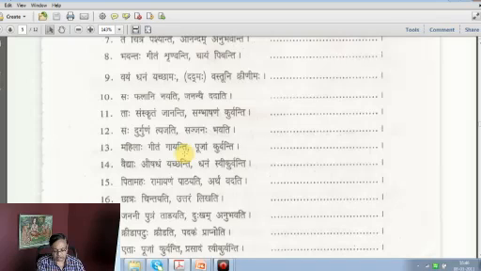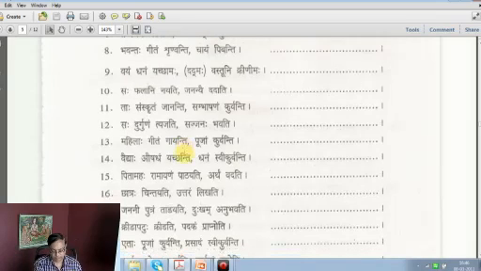Women sing a song and do the worship. Mahilaha Geetam Geetva. Gayanti becomes Geetva. Mahilaha Geetam Geetva Pujam Kurvanti. They do worship.